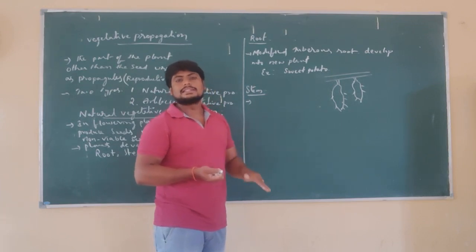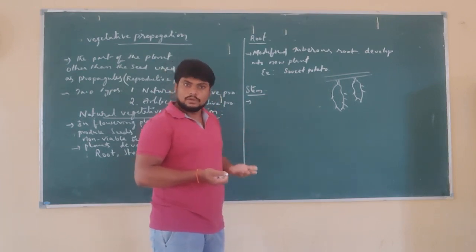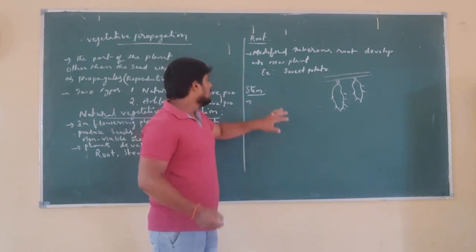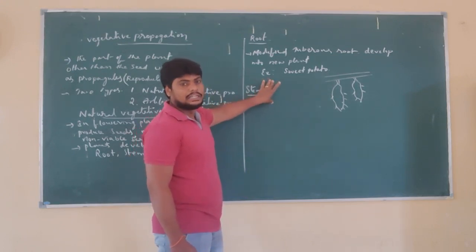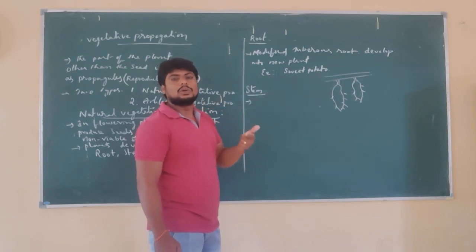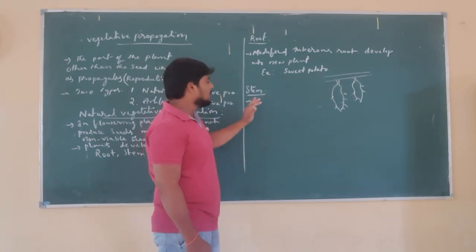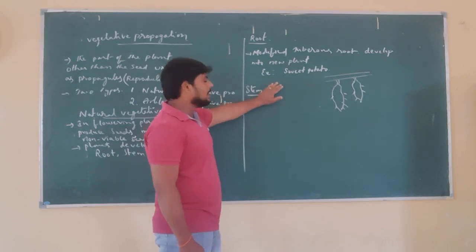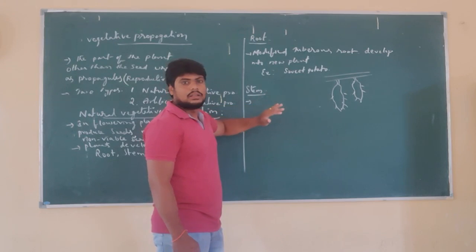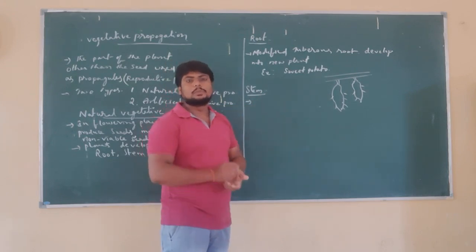Why is it called a stem? Even though it grows under the ground, we call it a stem because of the presence of nodes and internodes. That makes us identify it as a stem. So based on that, the modified underground stem develops into a new plant.